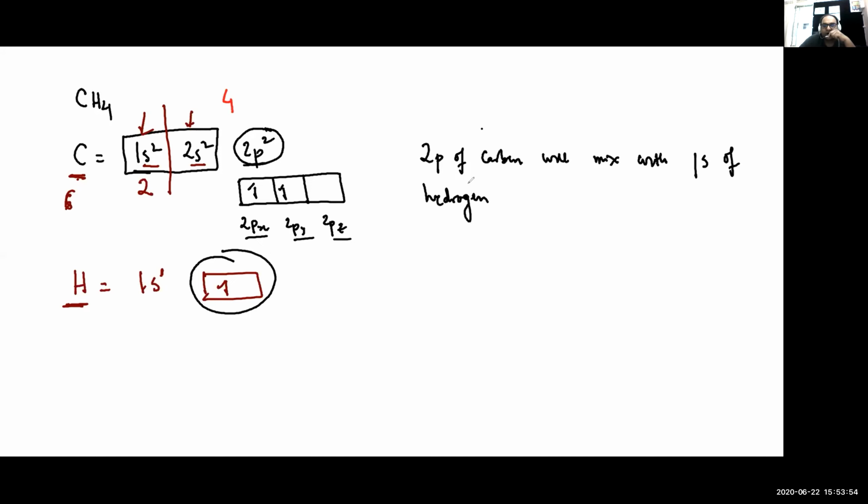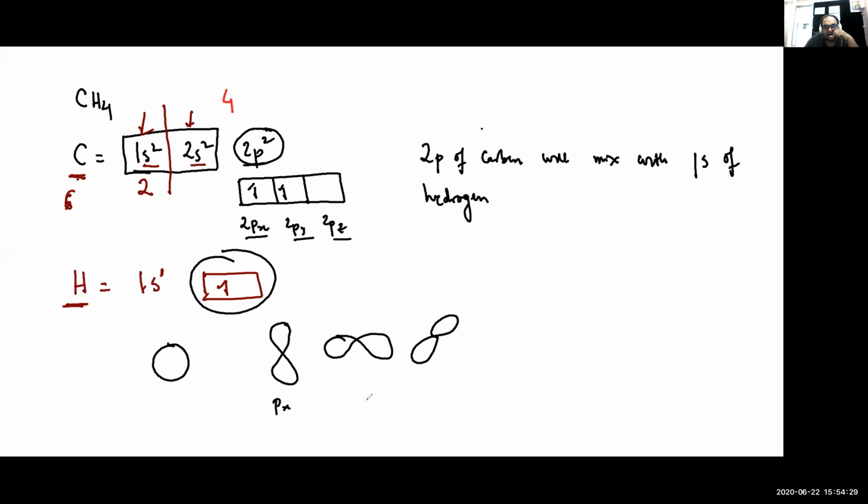So now they're mixing together, right? We know what is the shape of an s orbital? Spherical. What is the shape of a p orbital? Lobes. This is suppose px, this is py, and this is pz.